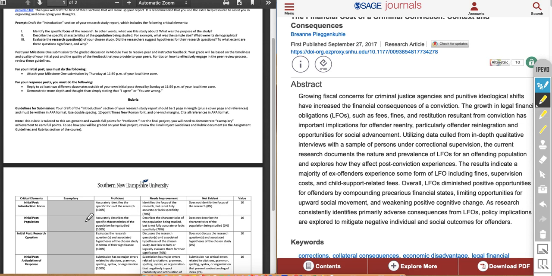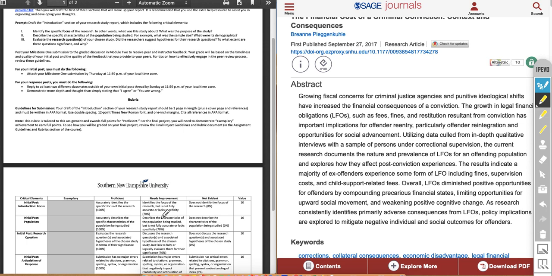And then that you're accurately describing the characteristics of the population being studied. So here, you'll notice the needs improvement, that you're around 70% of doing that, but you want to make sure. So, like, let's say the population being studied is all college students, and perhaps the sample includes only public universities and not private.